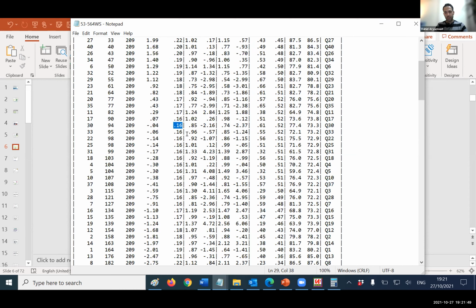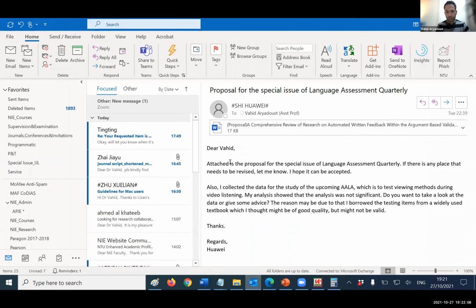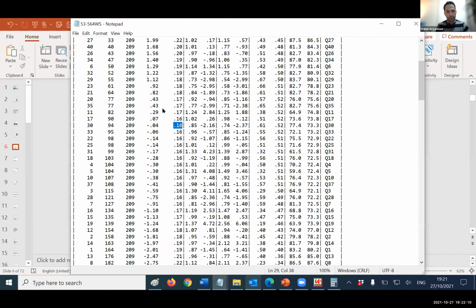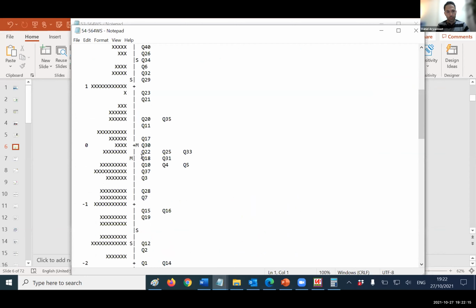I don't understand why it is minus, or is it below the mean or something? It's below the mean, right? It's below the mean of the items. Sorry, where are the items? Here. Go back to. So these are these items here, 22, 25. Anything that falls below the mean is minus.